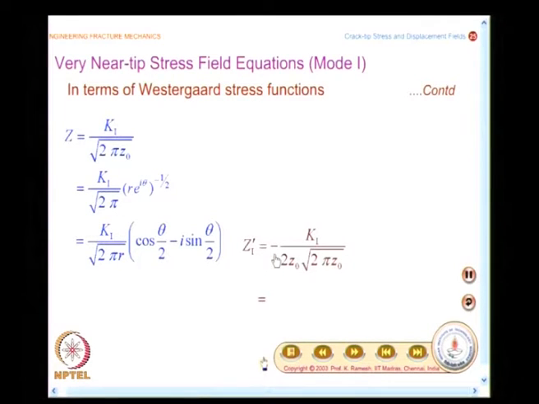Z1 prime is given as minus of K1 divided by 2 z naught root of 2 pi z naught, and if you recognize, this is nothing but z naught power 3 by 2. So, I could write this as K1 by 2 into root of 2 pi r power 3 by 2 cos 3 theta by 2 minus i sin 3 theta by 2.